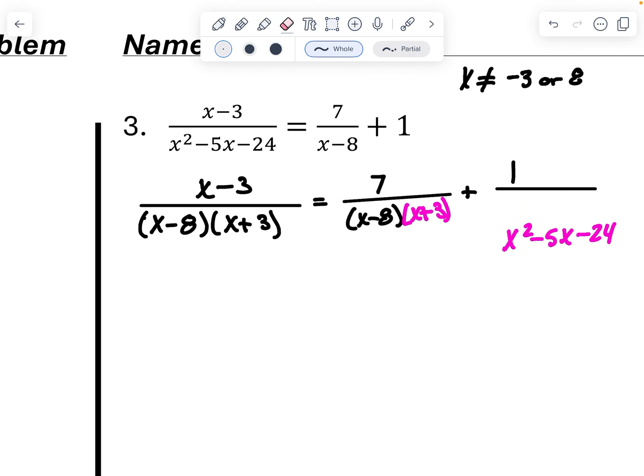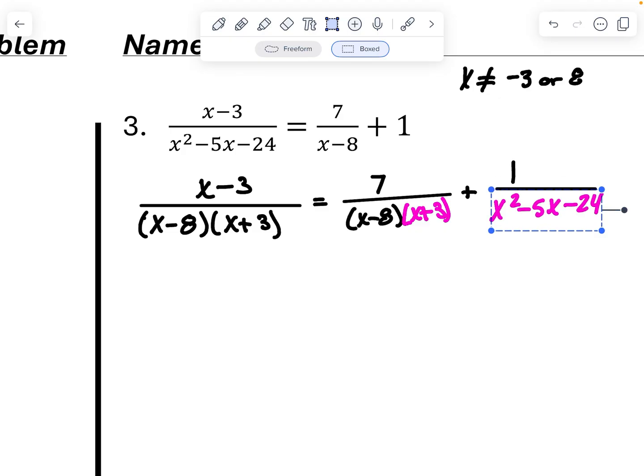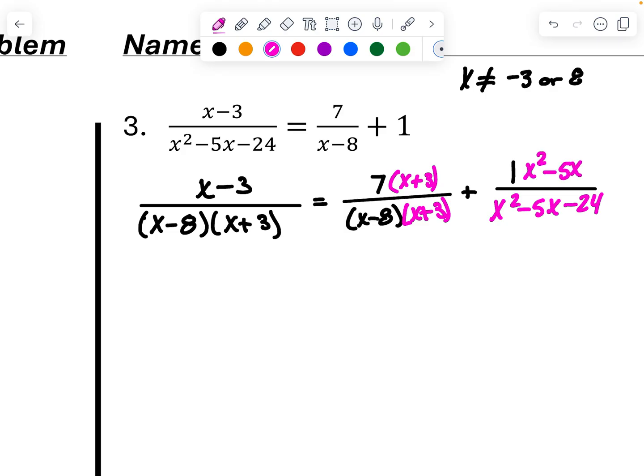So it's just easier to look at in that form. So if I attach those things to the denominators, the numerators have to have the same attachments. So this needs an x plus 3. This needs an x squared minus 5x minus 24. And we're just going to erase that 1 because it looks obnoxious.